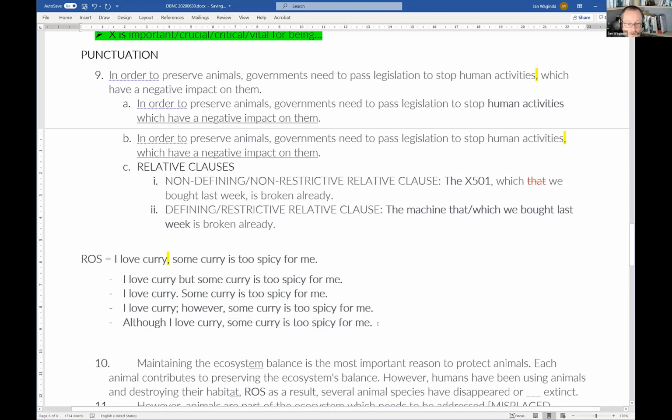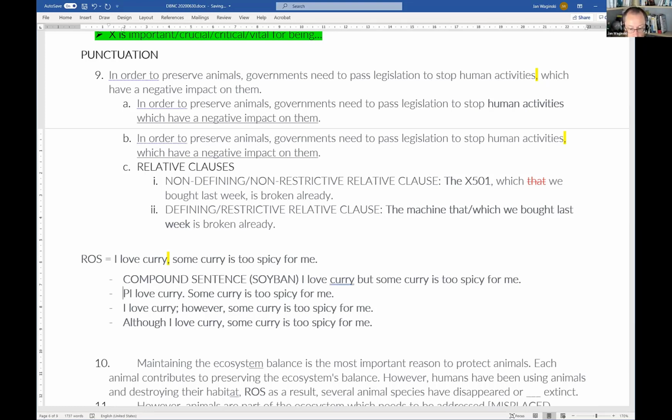Okay. So you've got four solutions for a run-on sentence. You can transform it into a compound sentence, so you use one of these coordinating conjunctions, FANBOYS: for, and, nor, but, or, yet, so.